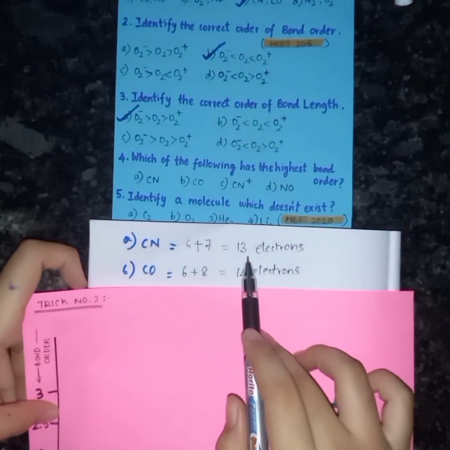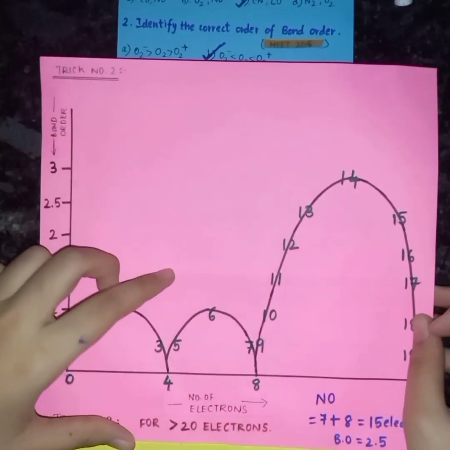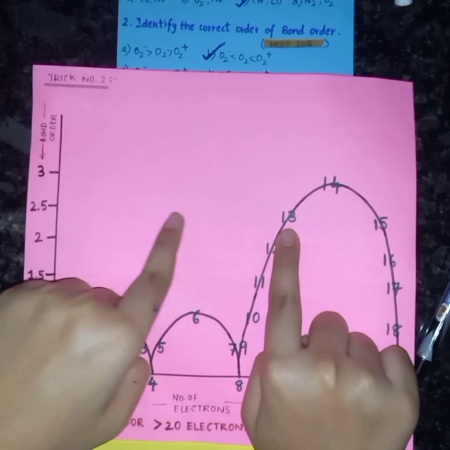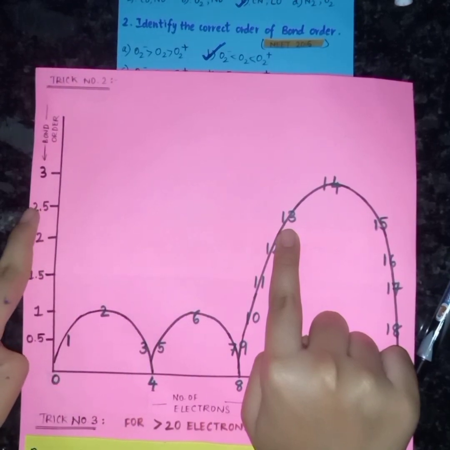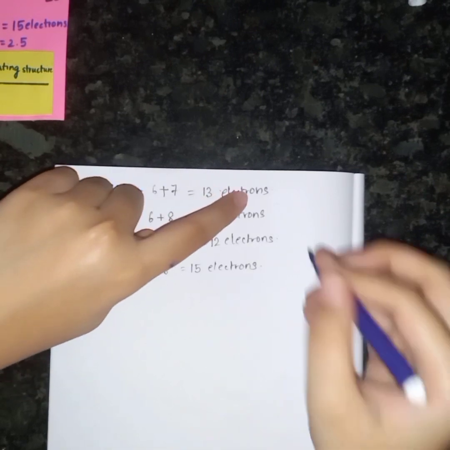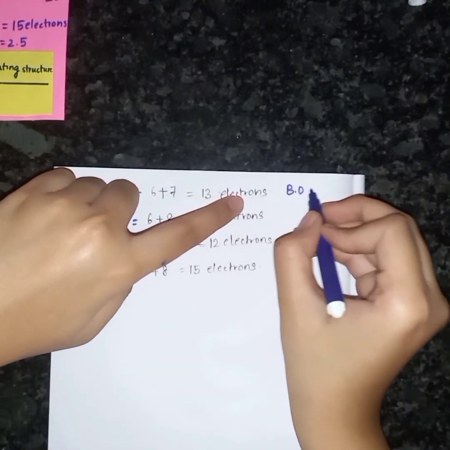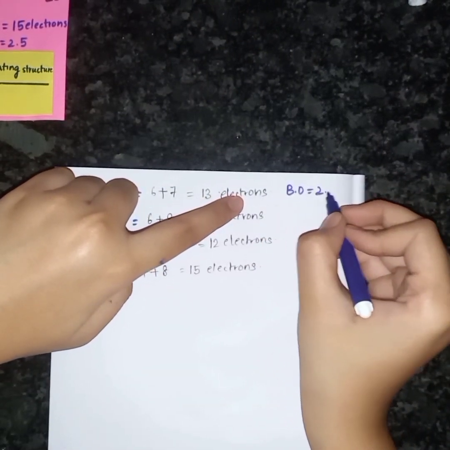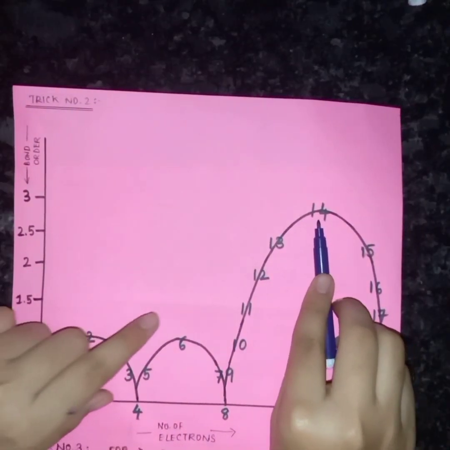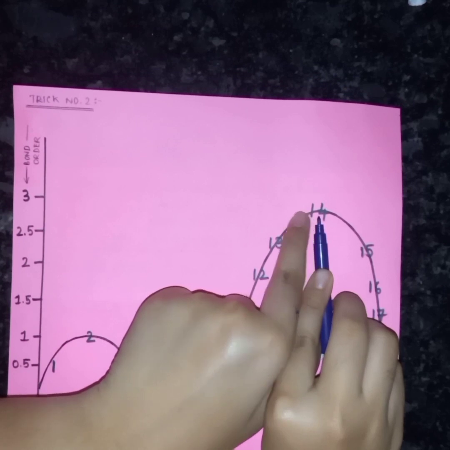For 13 electrons, what is the bond order? 2.5. Therefore, the bond order of CN will be 2.5. For 14 electrons, what is the bond order?